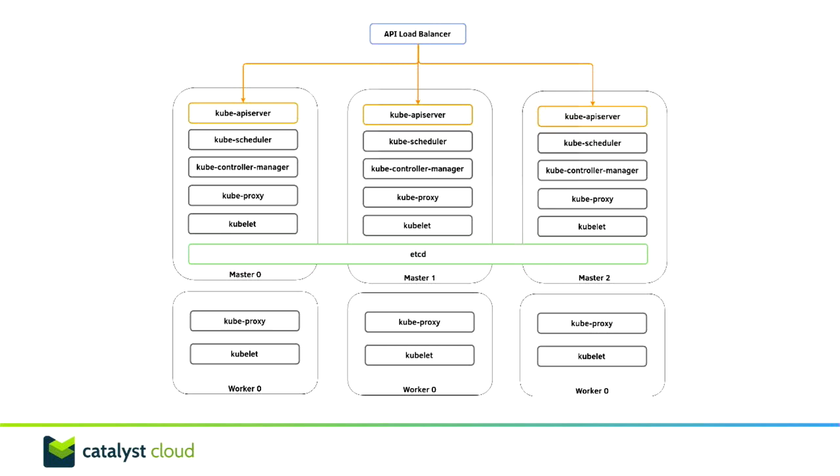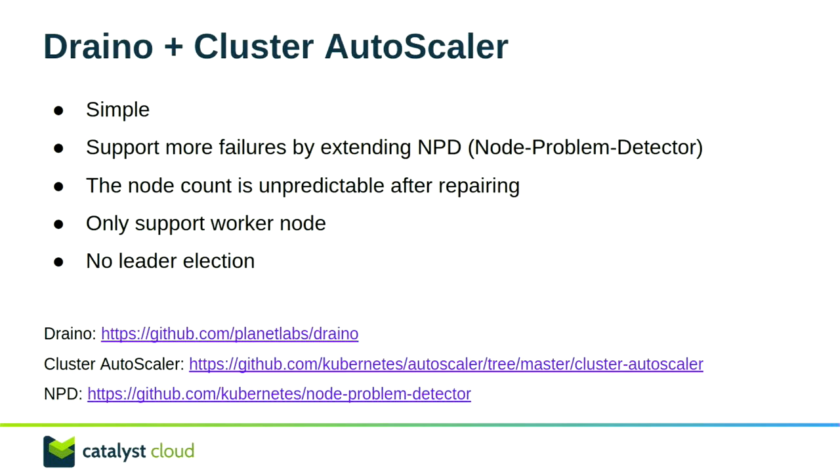For auto healing, we have done quite a lot of research, because we would like to get the solution open sourced. So we searched to see if there is an existing open source solution. The first one we found is the combination of Draino plus cluster autoscaler. Draino is a very small controller app.